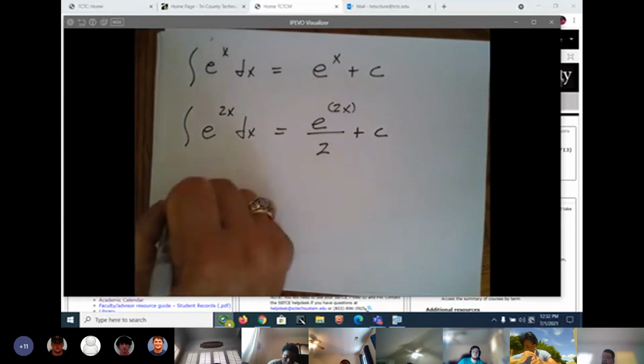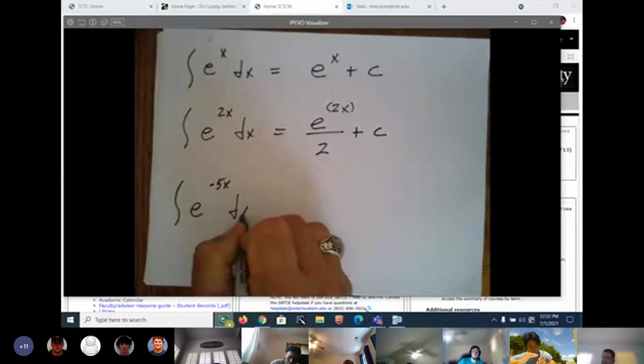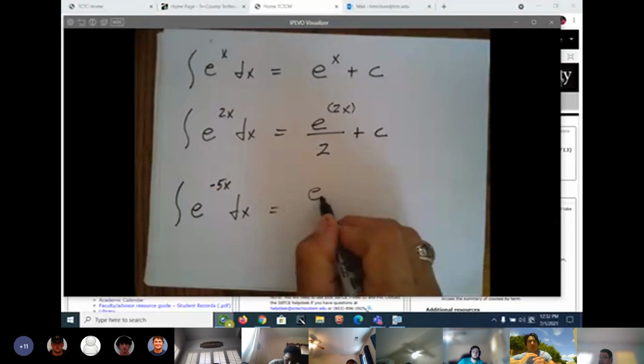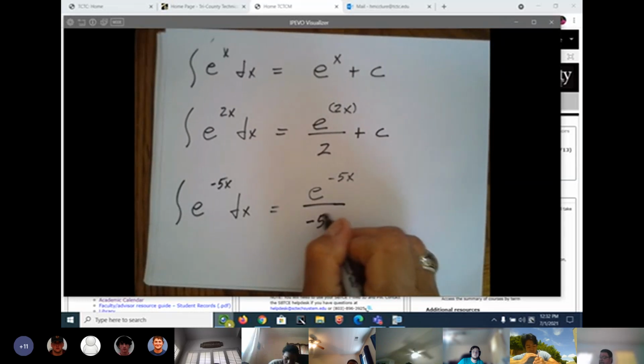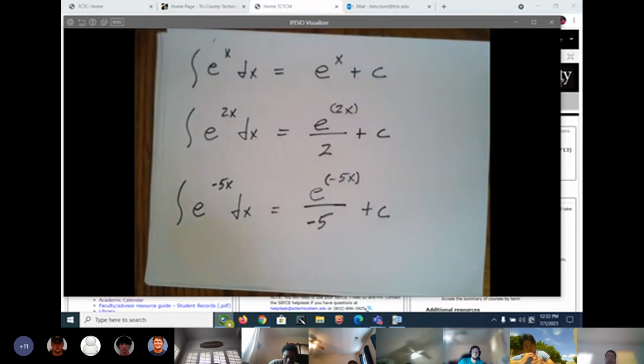If I give you the antiderivative of e to the negative 5x, that's equal to e to the negative 5x over negative 5. So there's some kind of in-between antiderivatives that are on your cheat sheet. And hopefully you can just look at those and write some down. You might get some in your homework.